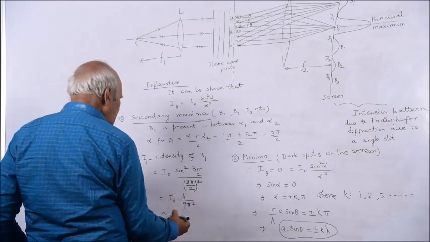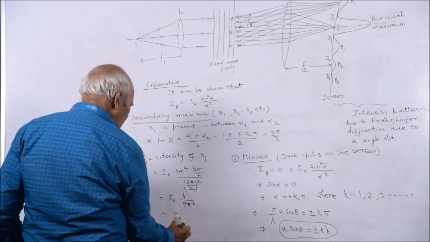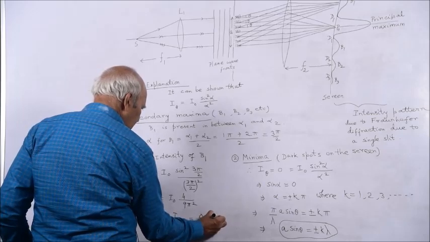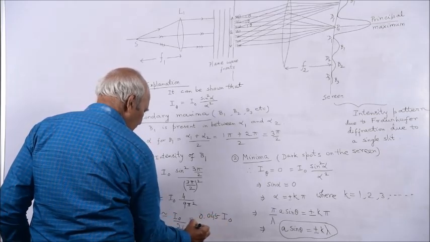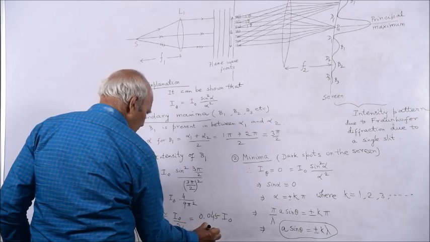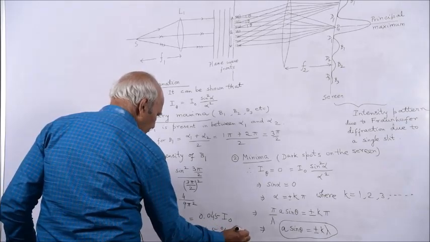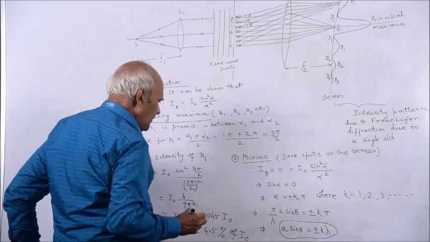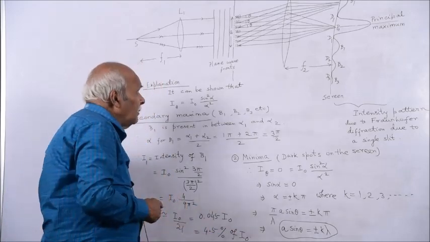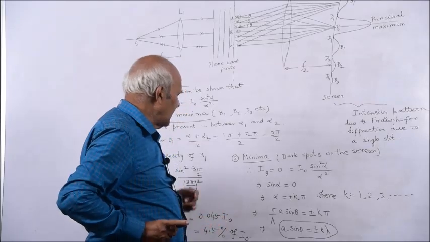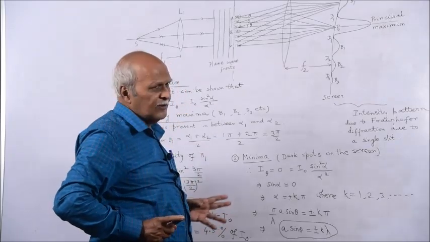So, 4 you divide is nearly equal to I0 by 21, that is 0.045 I0, that is 4.5% of I0. That means, we see that the secondary maxima have a little intensity compared to the principal maximum.